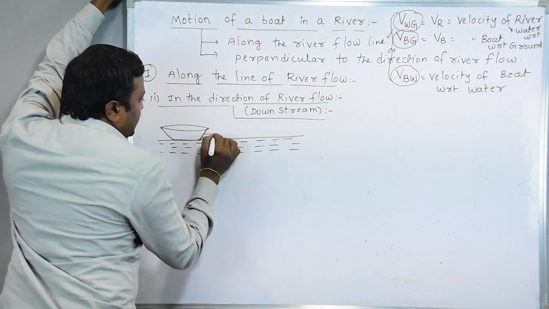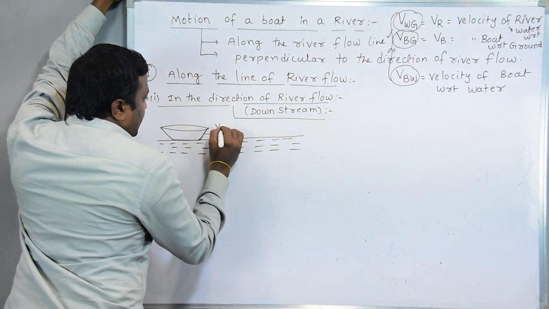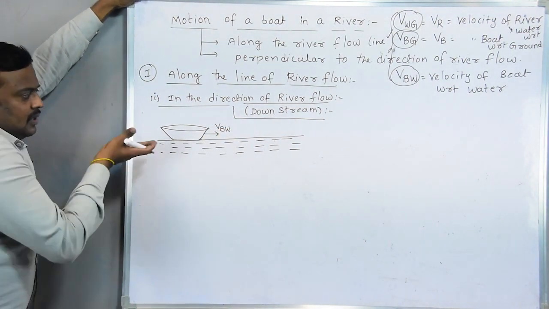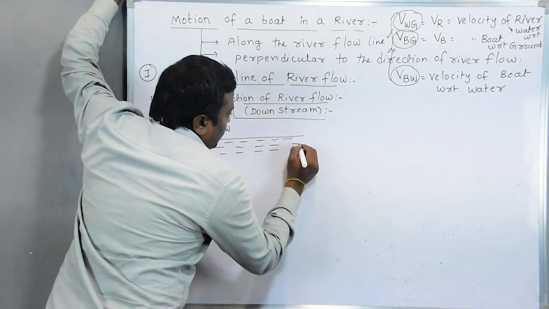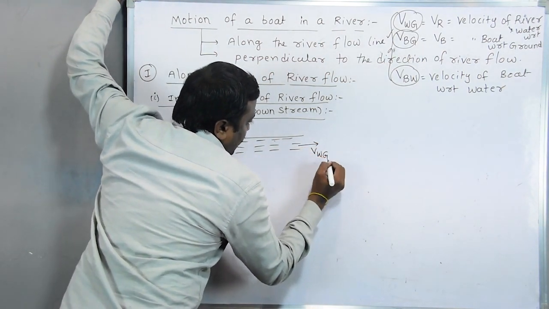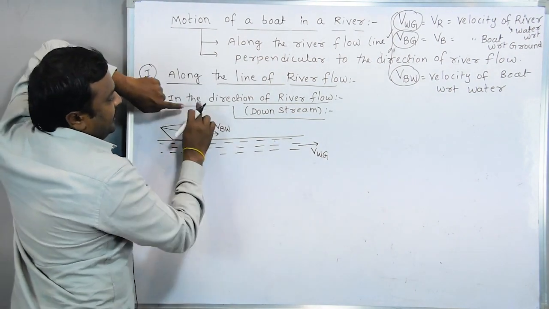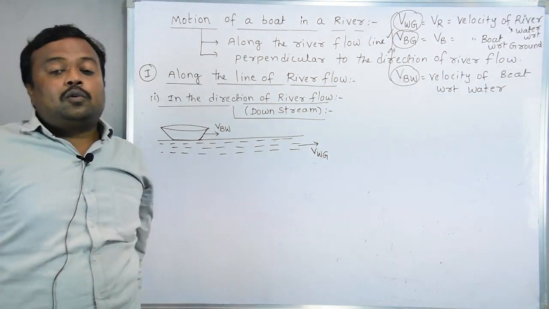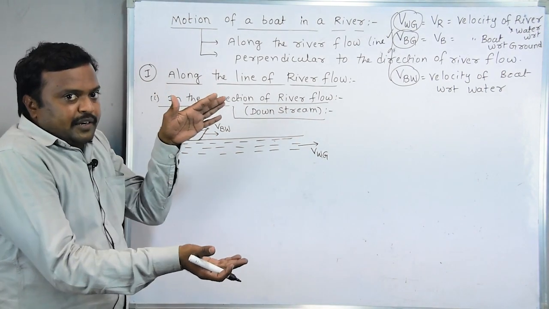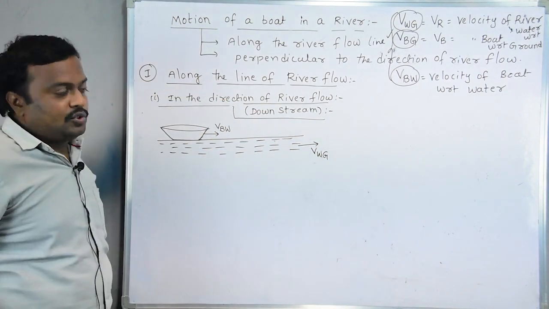moving with velocity of boat with respect to water, because it is moving on the surface. Here also is the velocity of water with respect to ground. Both are in the same direction. That is why I am saying downstream means the boat velocity with respect to the ground will give the addition of these two.